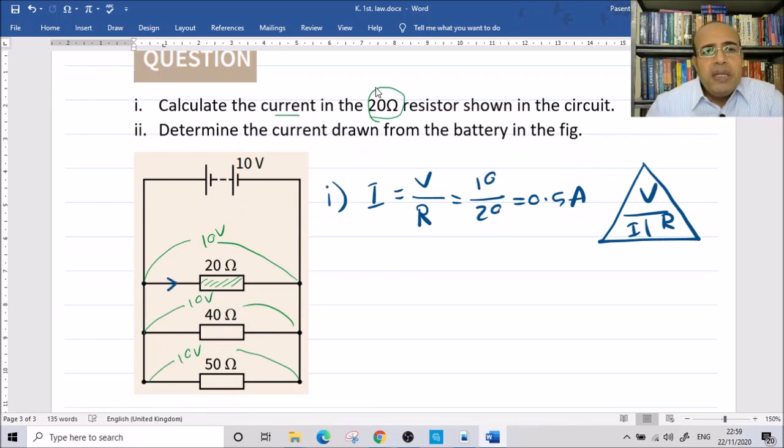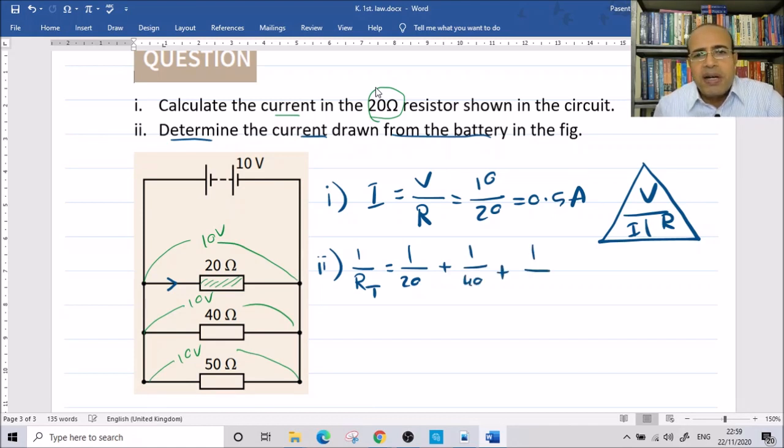Now, we need to determine the current drawn from the battery. So we need I total. To get I total, we need to calculate R total. They are a parallel connection. So we say 1 over R total equals 1 over R1, 1 over 20, plus 1 over R2, 1 over 40, plus 1 over R3, 1 over 50.